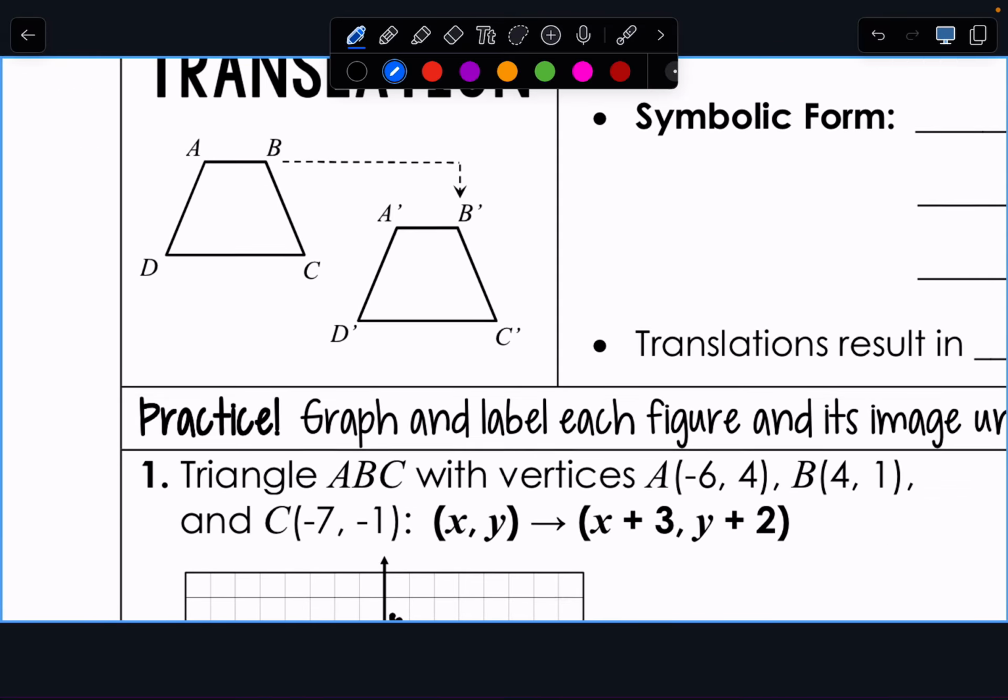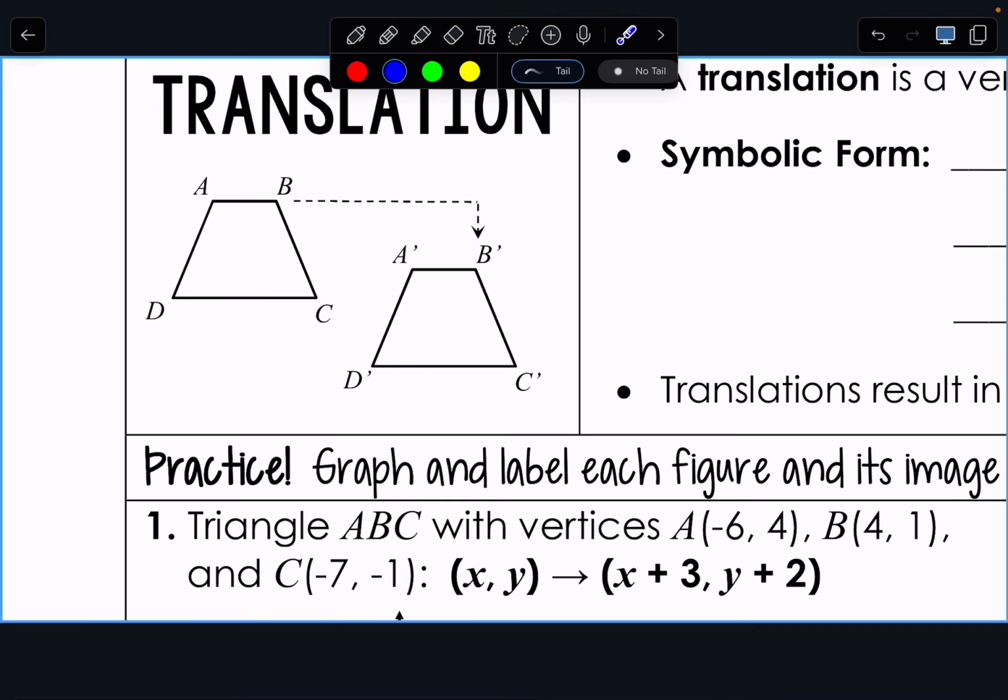So do you see, like right here, I have this trapezoid, A, B, C, D. And then I slide it right and then down, and I have a new trapezoid. And what I want you to do is look at how, if this is where I start, and this is my new trapezoid, what do you notice about the names of the points?